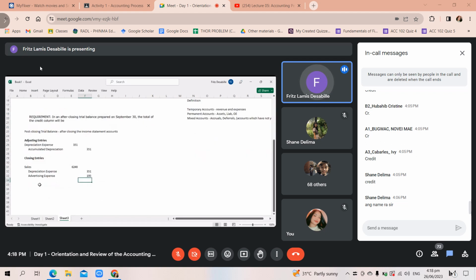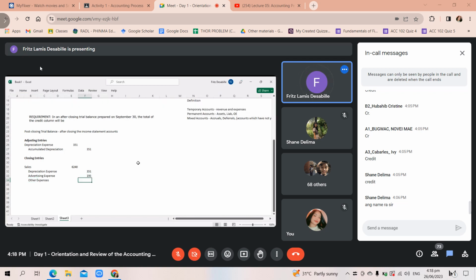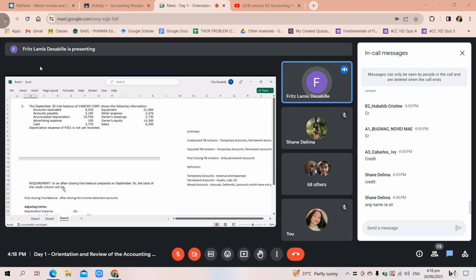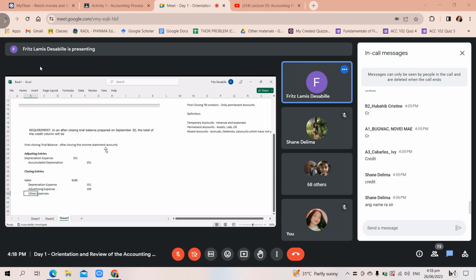Other expenses. So those are the expense accounts. So we close them to equity, as well as the drawings. I'll just close the drawings. Owner's drawings. Now, this is a debit account, right? Drawings.